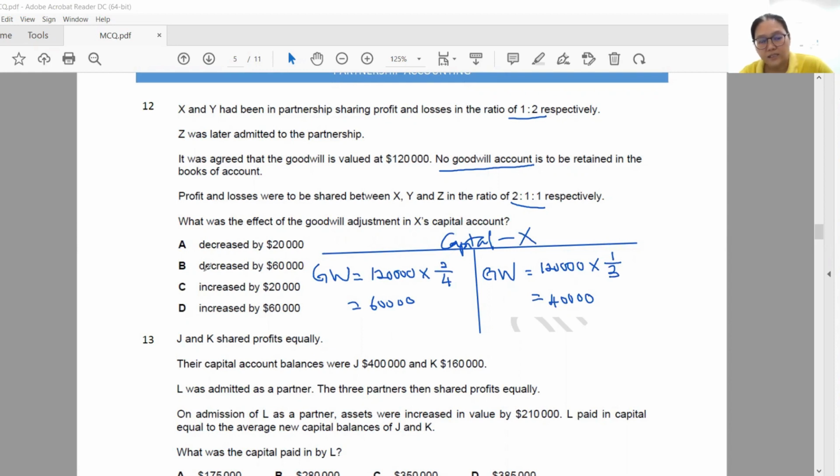In this case, debit is more than credit, so capital will decrease. The decrease will be the difference, 60 minus 40, which is decreased by 20,000.